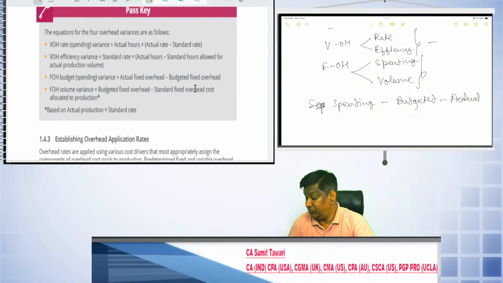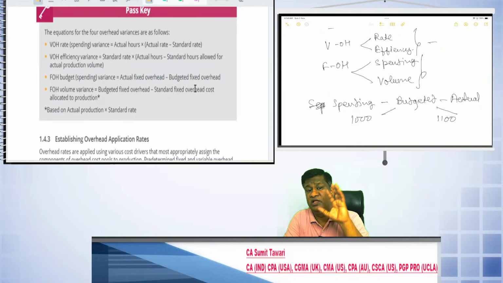I need to consider this as a total. Whatever the exact budgeted overhead is, decided say for 1000, that I need to consider, and the exact overhead I incurred, which may be 1100. So this variation we need to calculate.